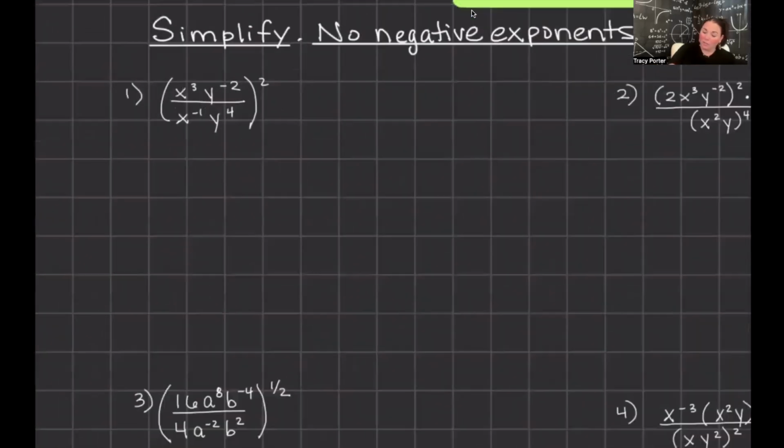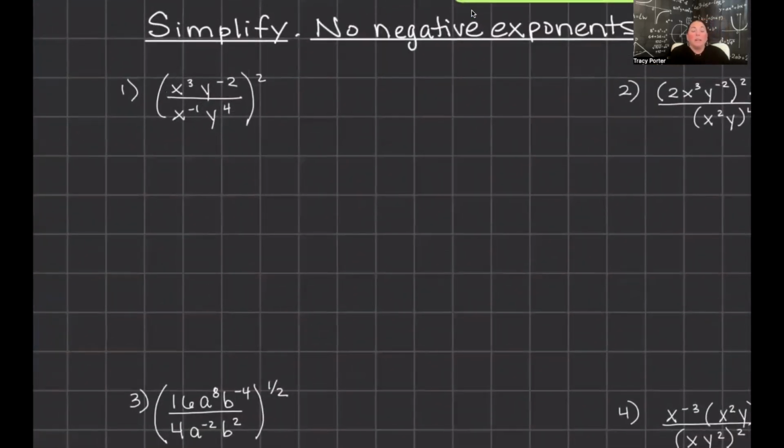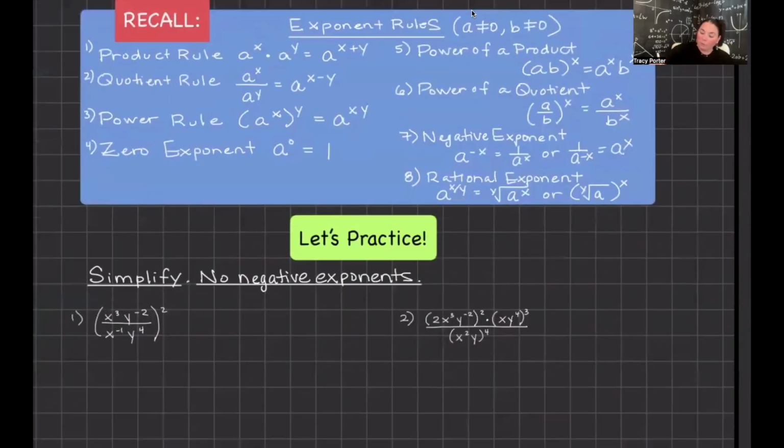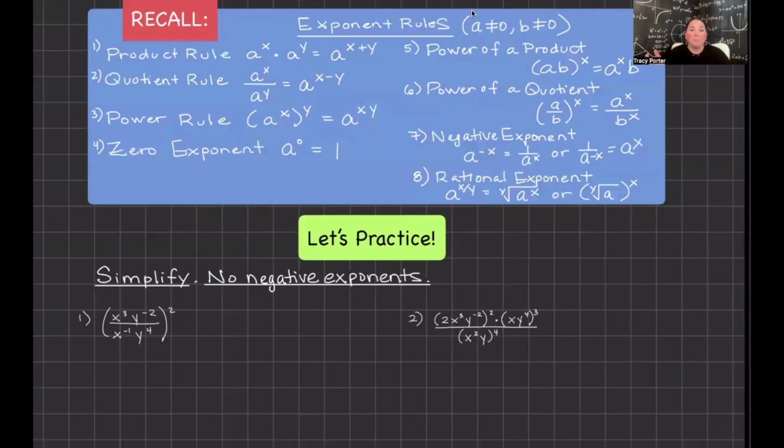So let's start with problem number 1. They're going to say to simplify, and in general, simplify means no negative exponents. So we want to make sure that the answers we end up with have no negative exponents. And also note that the order in which you apply these rules up above can be changed a little bit, right?